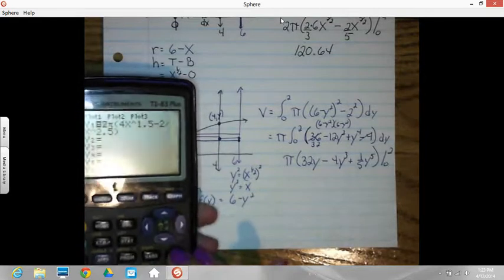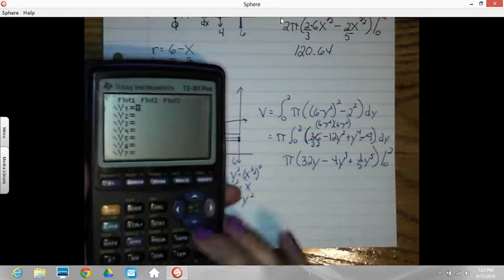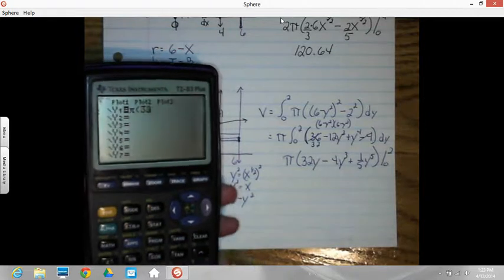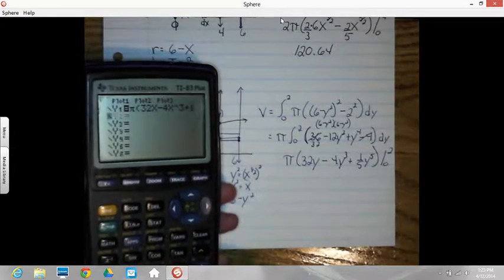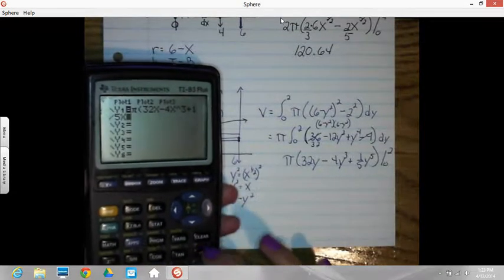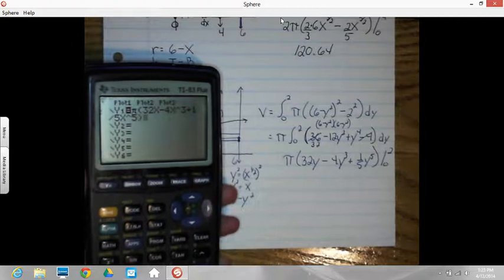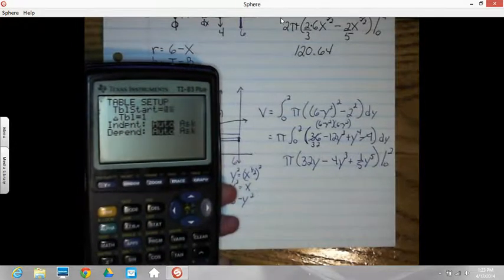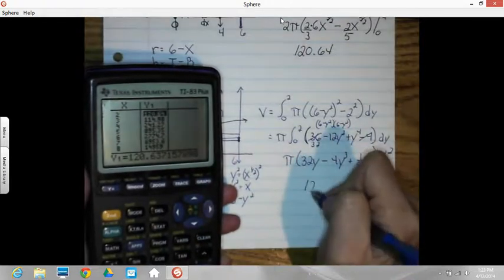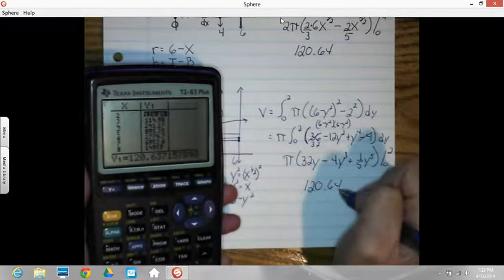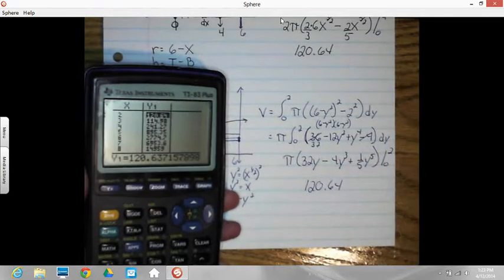Let's see. Only made one mistake. Let's see if it comes out. Pi times 32y minus 4y cubed plus 1/5 y to the fifth, at 2, 120.64 minus the 0. We're good to go.